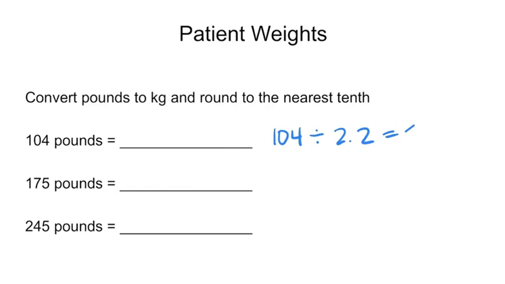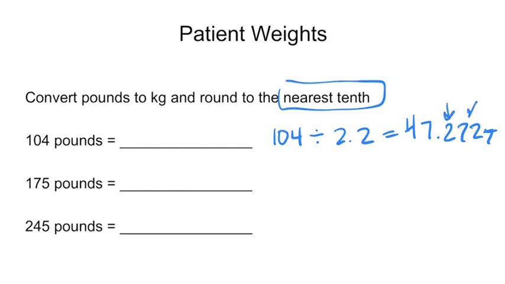So 104 divided by 2.2 equals 47.2727. Okay, and I want to round this number to my nearest tenth. I want to round it to this value here. So this is a 7. I'm going to go up. So my answer here would be 47.3 kilograms. We want to make sure we label those answers as well.